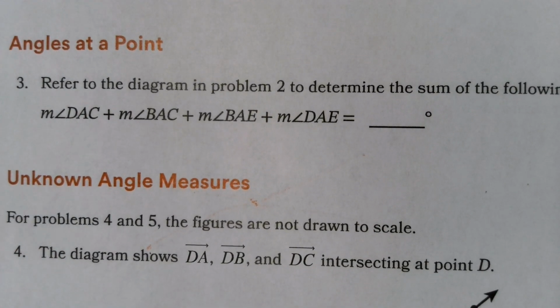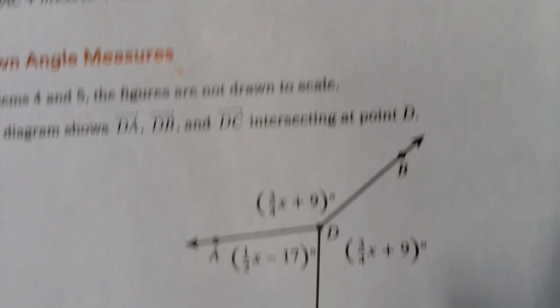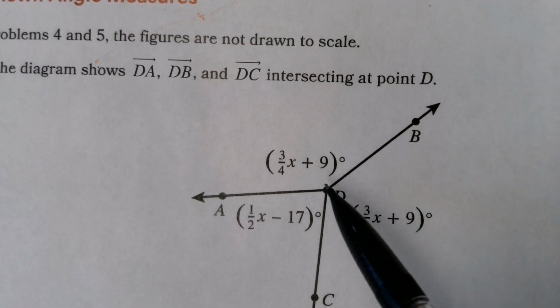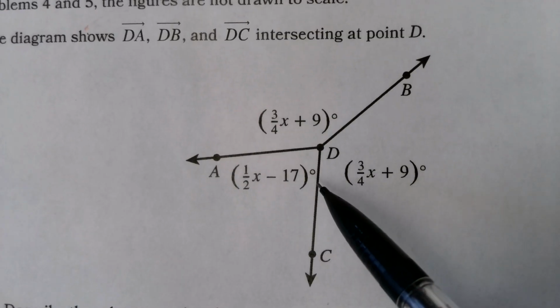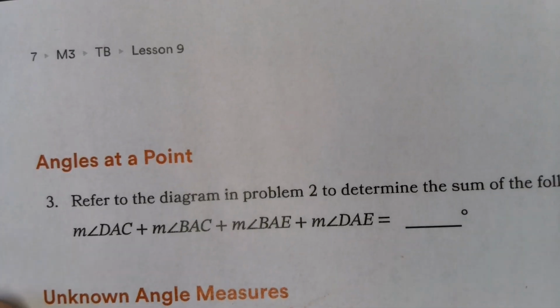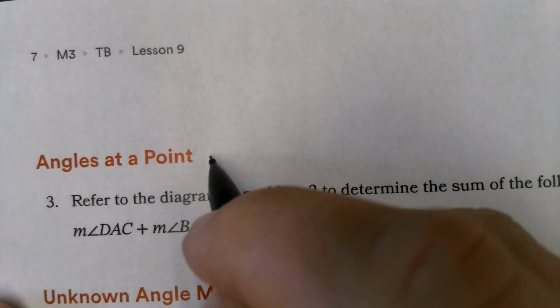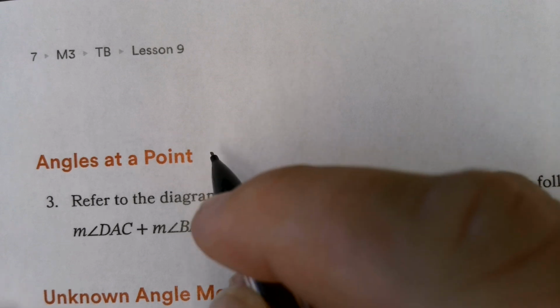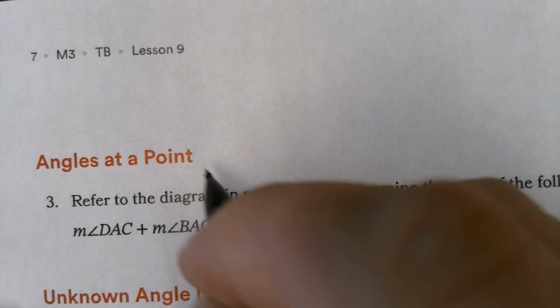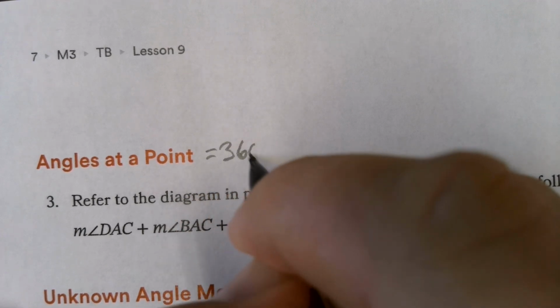Next we have angles on a point. Here's an example right here. If I started at C and went all the way around, that would give me a complete circle. Circles are 360 degrees, so angles on a point are angles that add up to 360 degrees.